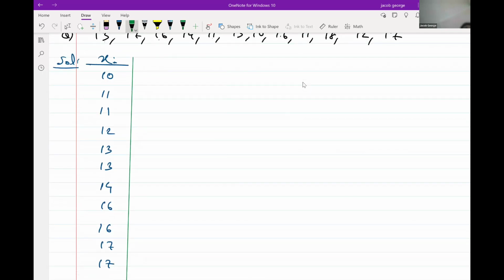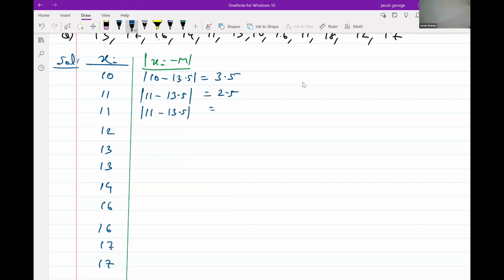So now modulus xi minus m. First is modulus 10 minus 13.5. What is modulus 10 minus 13.5? 3.5. Then modulus 11 minus 13.5 is 2.5.